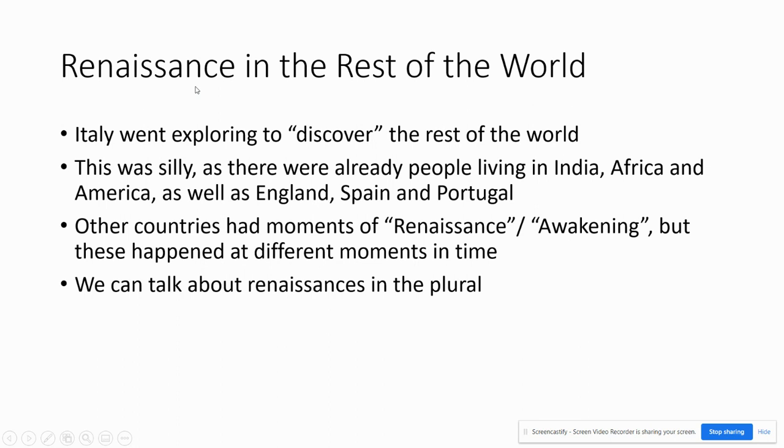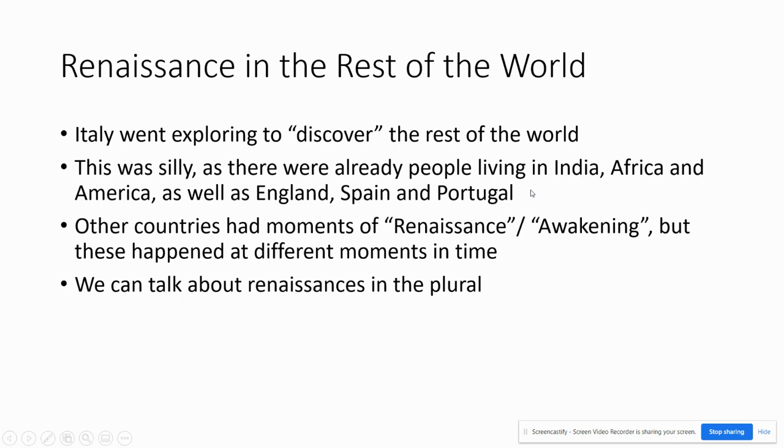So I've spoken a lot about the Renaissance in Italy, but the rest of the world is not unimportant here. Some Italian explorers went to discover, in inverted commas, the rest of the world, which was kind of silly because there were already people living in these places. And the Italians went to go and discover Spain and Portugal, which sounds a bit silly because there were already people there.